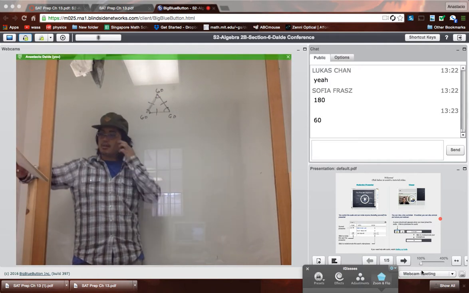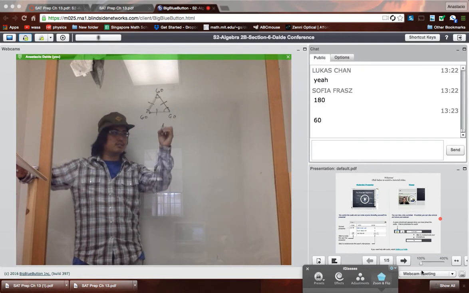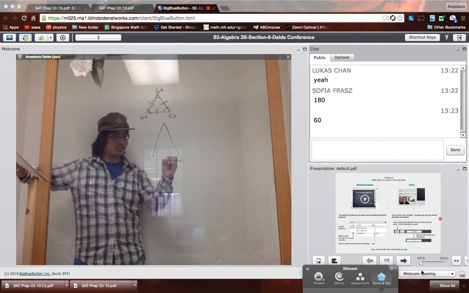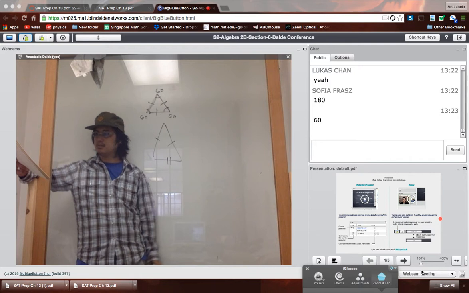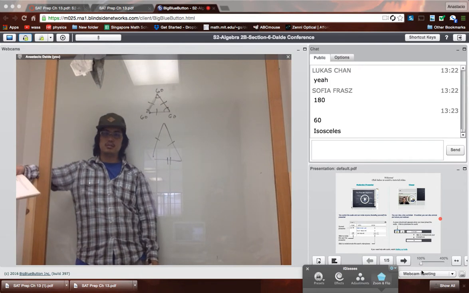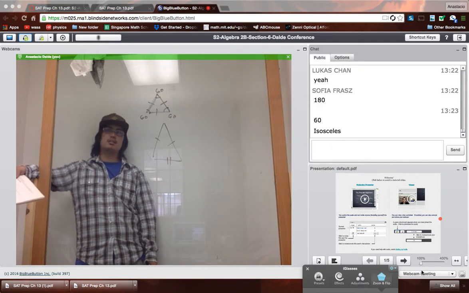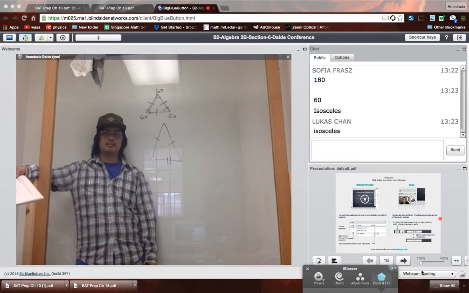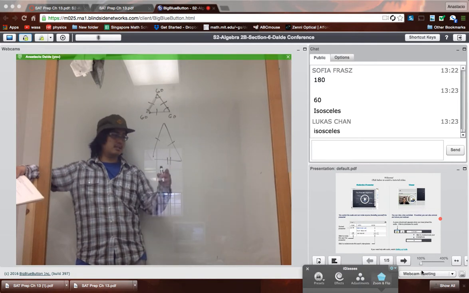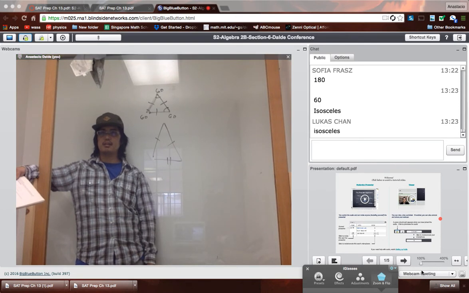The next triangle, do you guys know what this one's called? It's an isosceles triangle. Very good. It's like an equilateral triangle, it's just that one of the sides isn't the same as the other two. This actually looks like the symbol for Boba Fett, the Mandalorian armor, whatever.